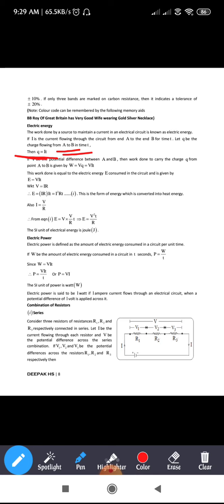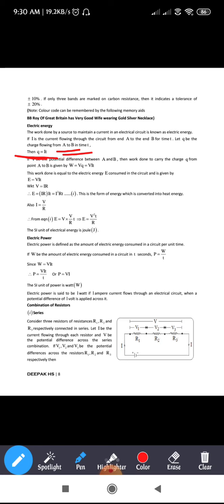This work done is nothing but what we call the energy which is consumed by the electrical appliances. Okay, so let me make it very simple. Only when there is a potential difference, the charges move from one point to another point.